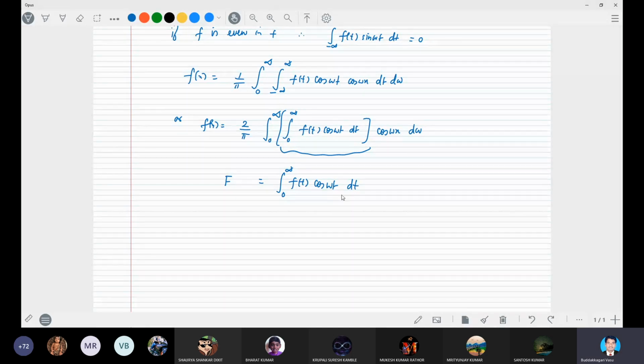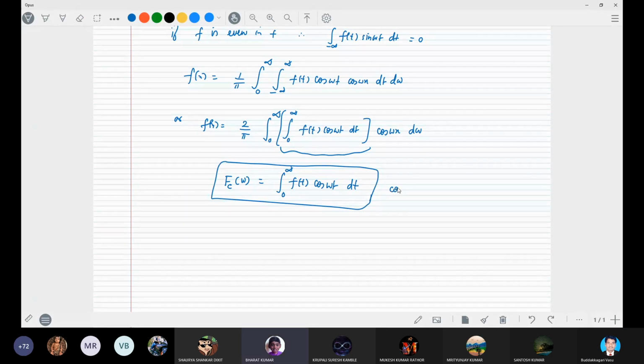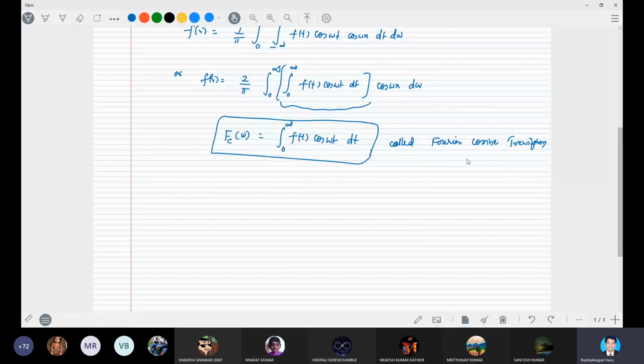This is called the Fourier cosine transform, and is denoted by Fc(omega).